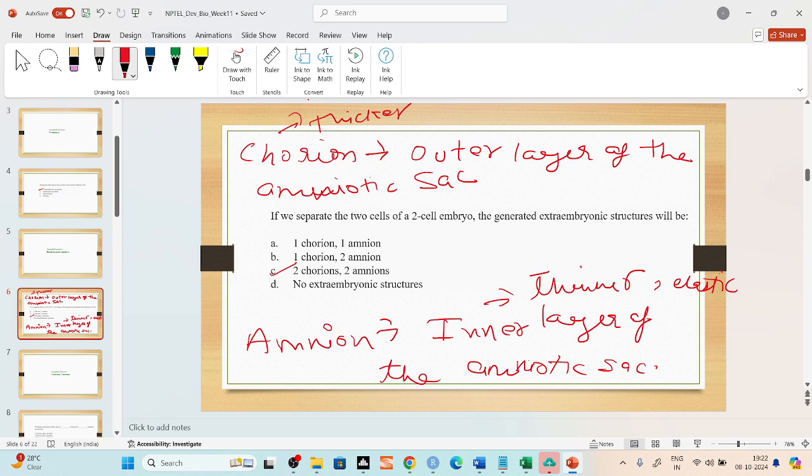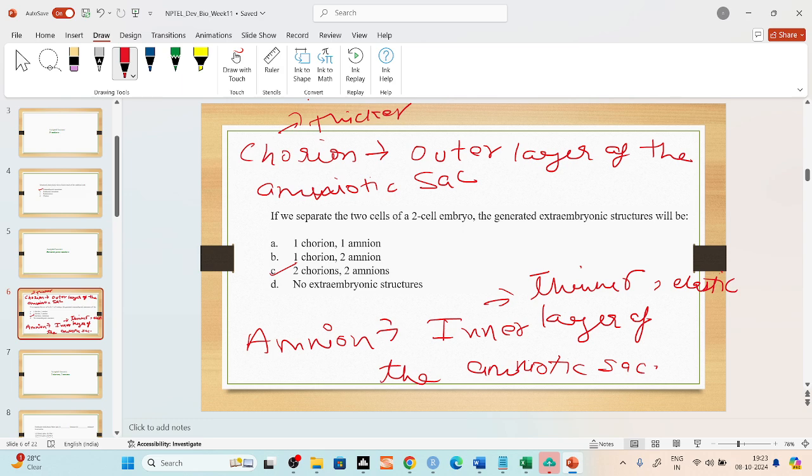Remember, it is at the two cell stage, so it is very much totipotent. So each cell can develop into an individual embryo, which will result in the formation of two separate extra embryonic structures. Each embryo will develop its own chorion and its own amnion. Therefore there would be two chorions and two amnions.